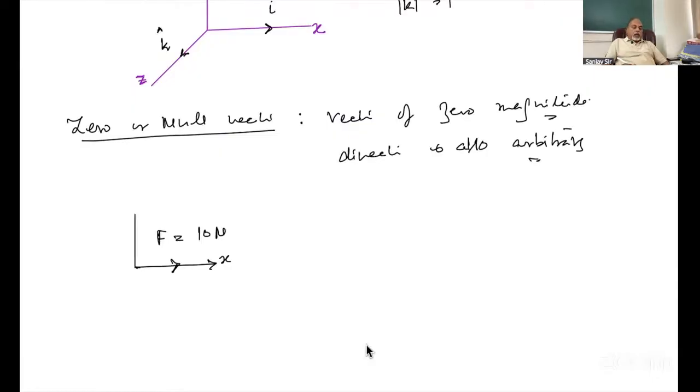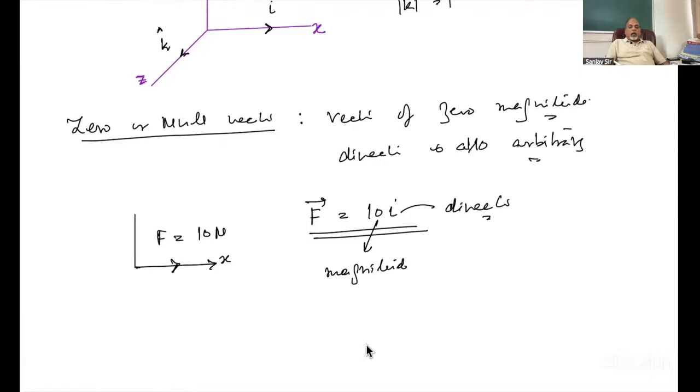Then we can define F vector as 10 I. What is this? This is the magnitude. What is this? This is the direction.